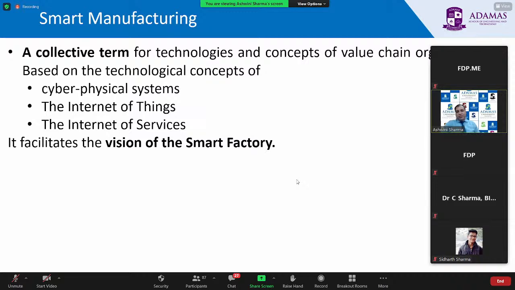We will see this value chain in coming slides, how it looks in the organization, based on the technological concepts of three: cyber physical systems, the IoT, and the Internet of Services. Now this might be a new word for you, Internet of Services. It is now being used extensively by the service industry, and this all facilitates the vision of the smart factory.